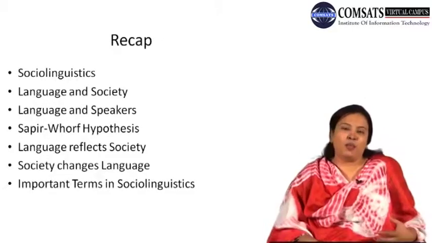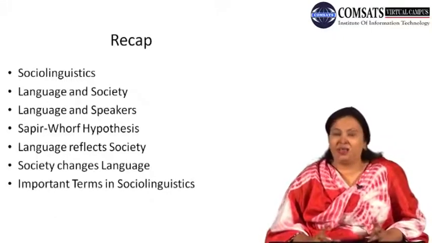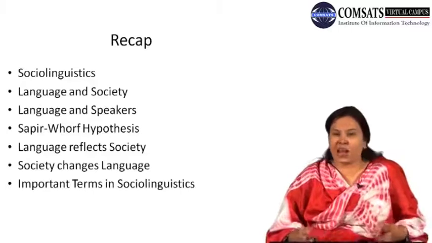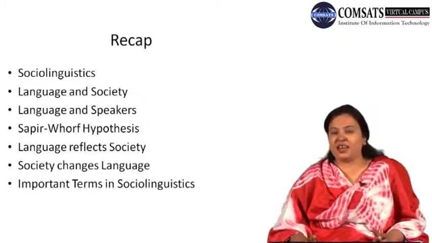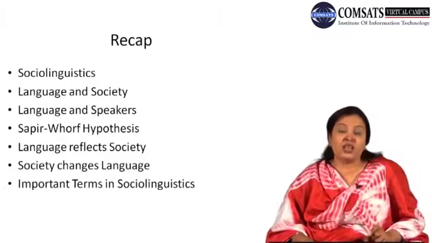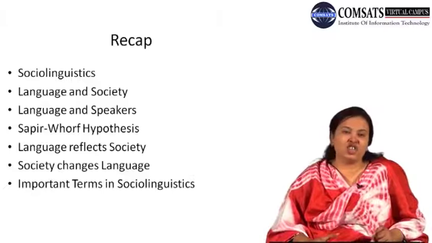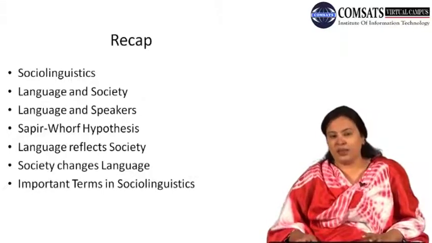To recap what we studied about language and society today, this topic of the language and society relationship is covered under a different discipline of linguistics known as sociolinguistics. Sociolinguistics studies the relationship between language and society.